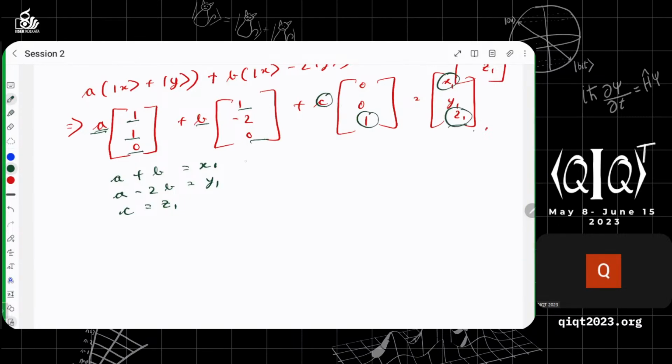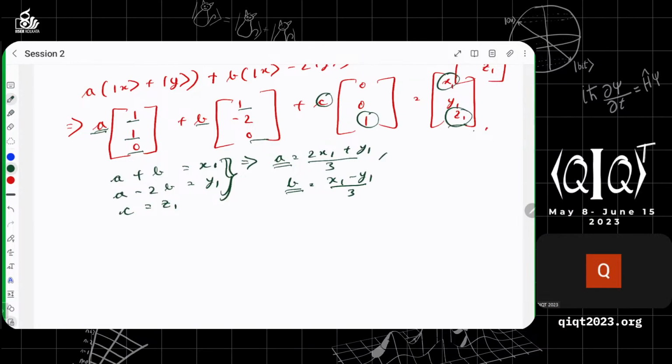Okay, now if you just solve this, you will get a is (2x1 plus y1) by 3, and b is x1 minus y1 by 3. So we can say that by putting the coefficients like this, we can go to any point in the vector space R3.